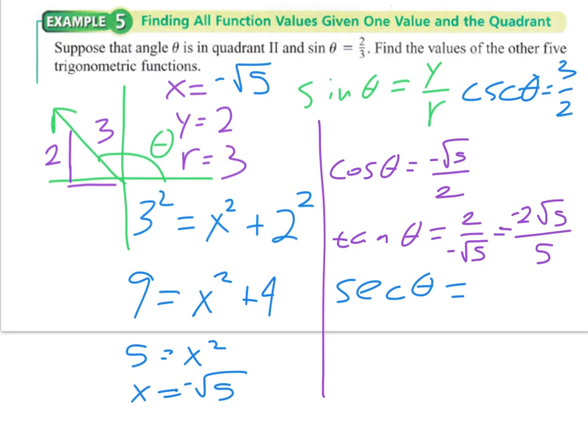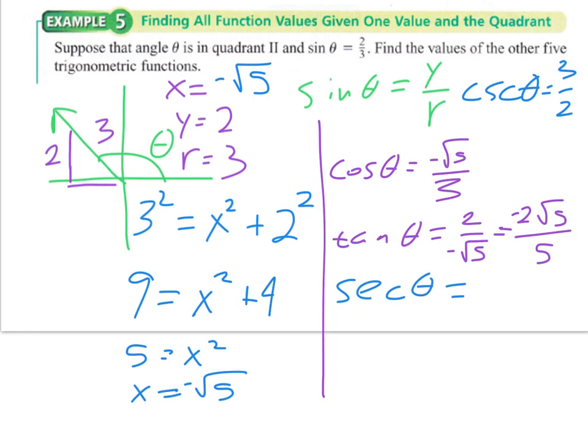Well, that's my mistake. The cosine would be negative square root of 5 over 3. Sorry about that. I put that over the y instead of the r. So cosine is negative square root of 5 over 3.